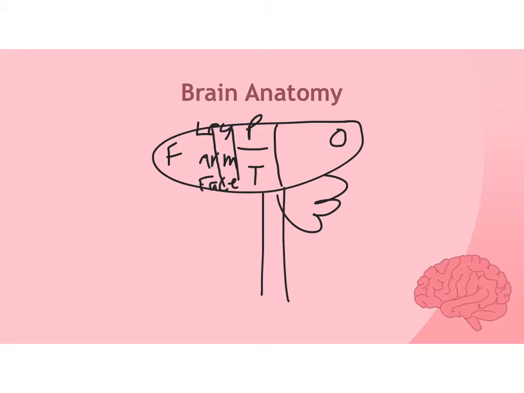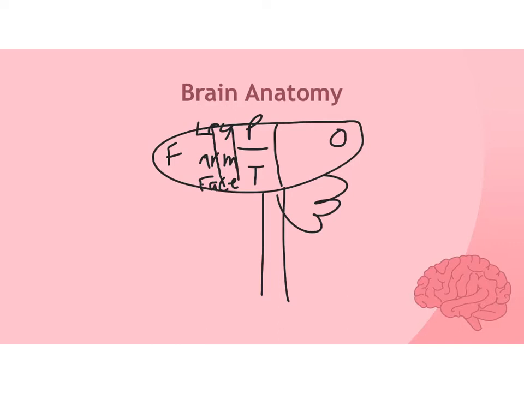So if people infarct, especially the anterior cerebral artery, that feeds the leg portion of the motor strip. The middle cerebral artery feeds the arm and face portion of the motor strip.